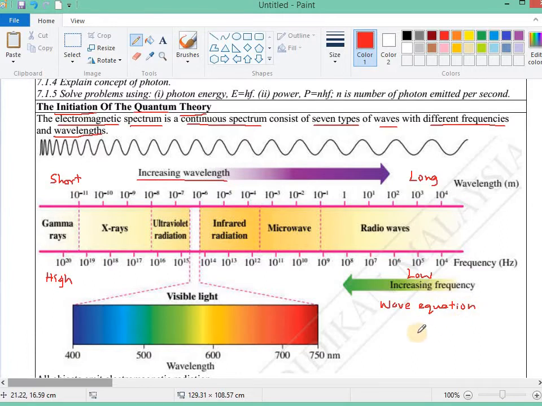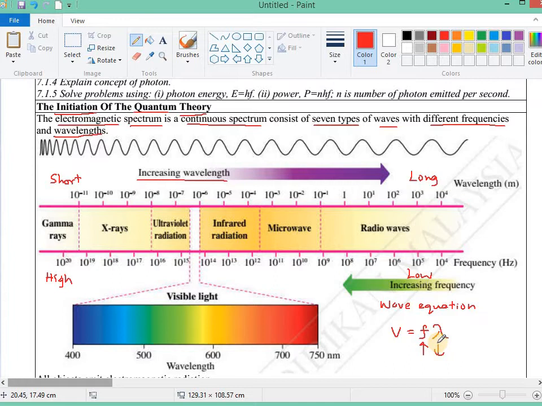The wave equation is v equals f lambda, where v is the wave speed, f is the frequency of the wave, and lambda is the wavelength of the wave. So from here, we can see that if the frequency increases, then the wavelength will decrease, and the opposite. That means if the frequency decreases, then the wavelength will increase.